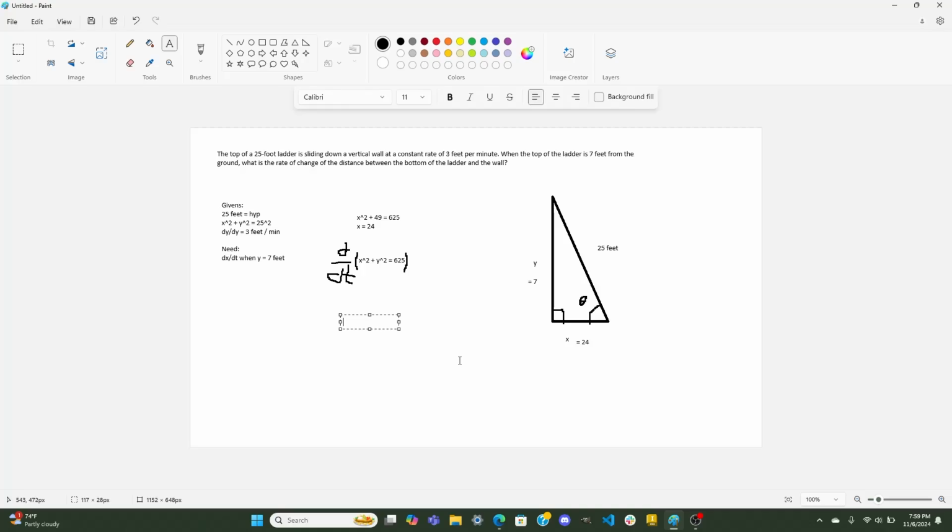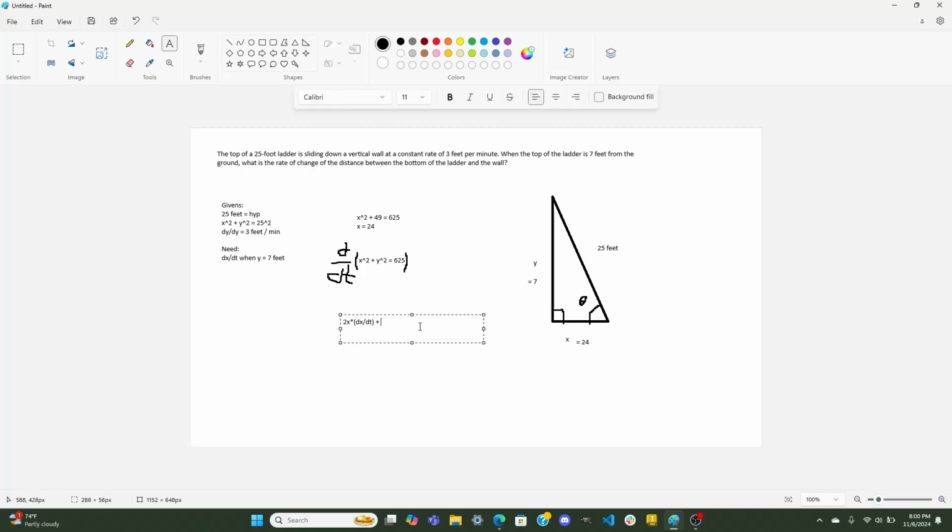And how you do that, at least with this one, is we find the derivative of the original f of x or original y or whatever. So that is going to be 2x times dx over dt for our first value. We repeat that for our y squared.